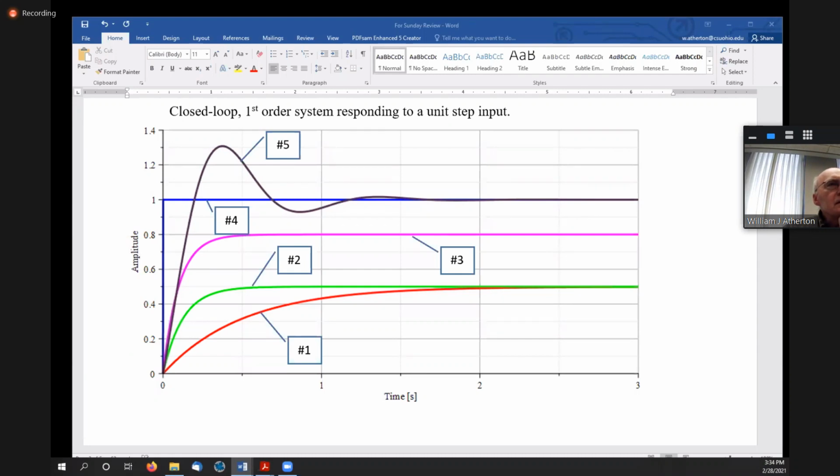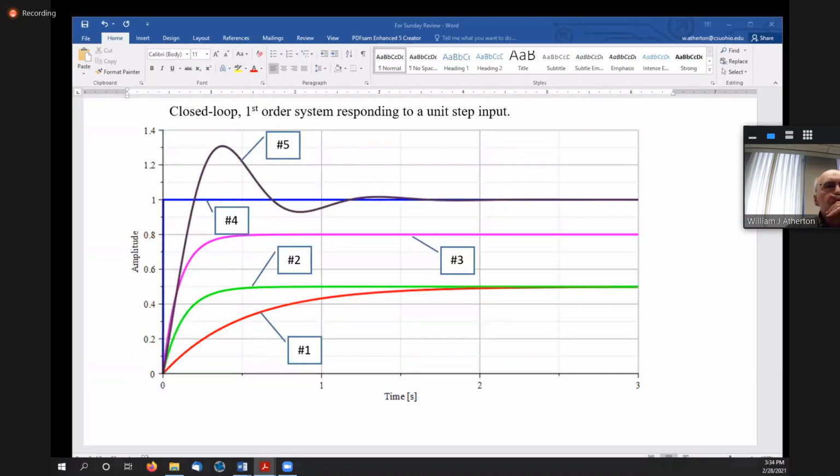For instance, what's the time constant for these curves? What would be the time constant for curve number 1? This red thing. How would you estimate that? Well, I think you'd use this.